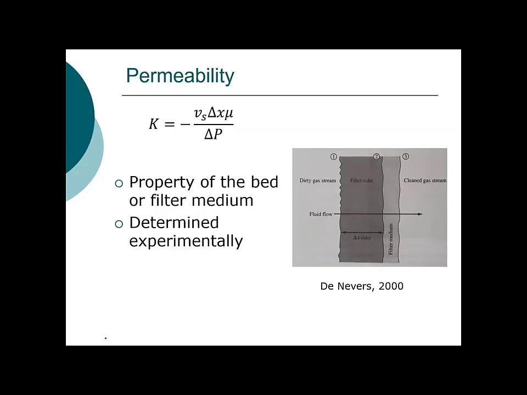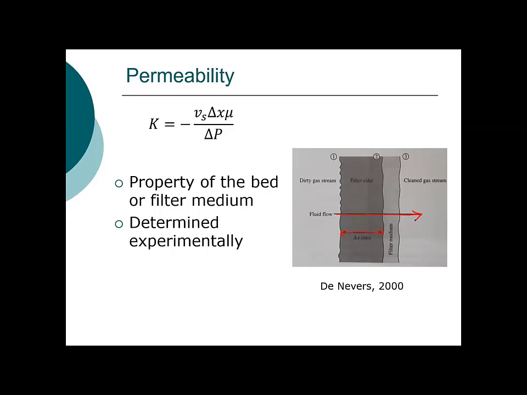Delta X is the thickness of what we refer to as a filter cake. So we have fluid flow, so the gas stream flows across the filter media. The particles are caught on one side of the filter, the dirty side, and they're going to build up.